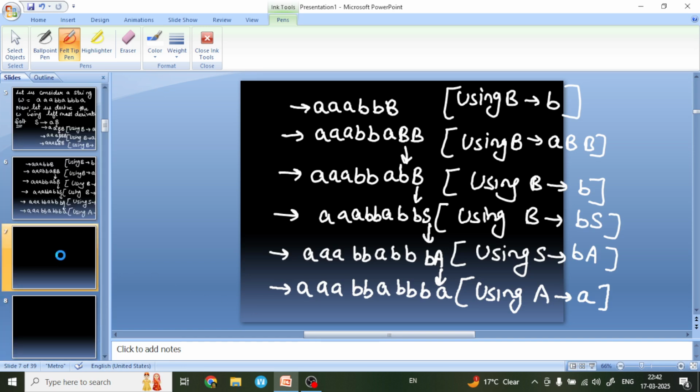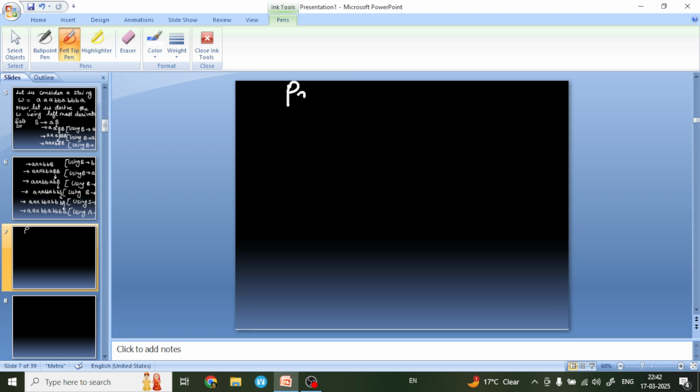Now this is converted into a parse tree. How to solve through a parse tree?